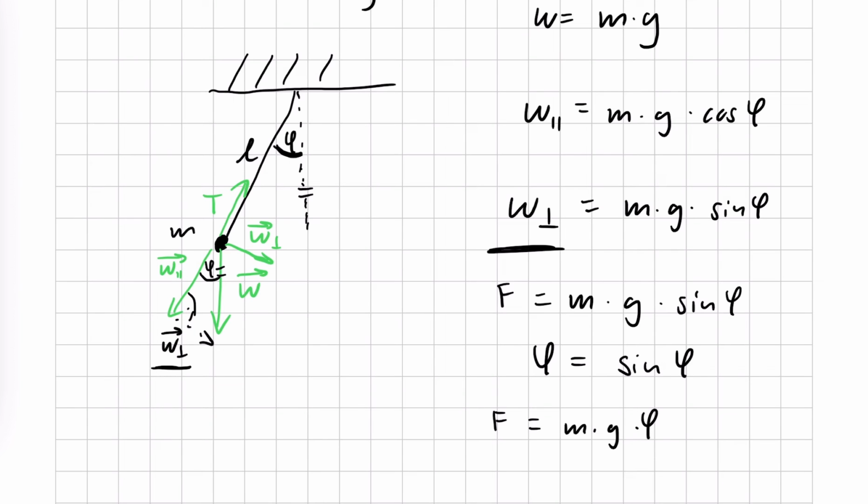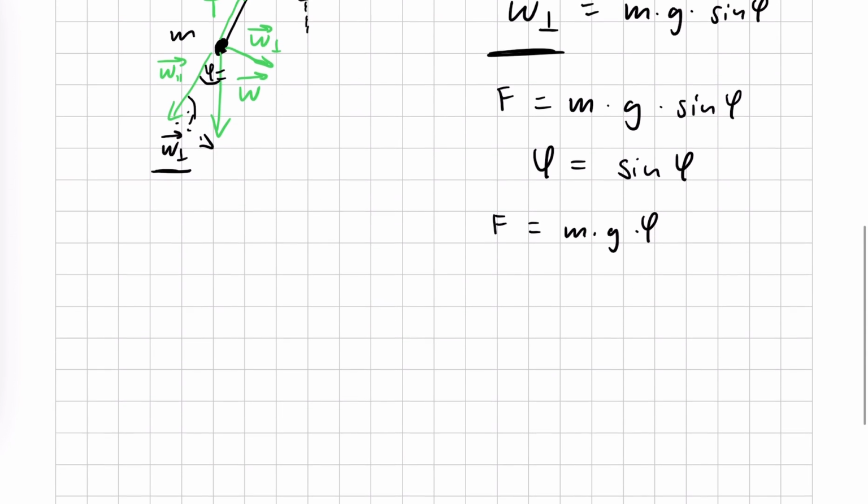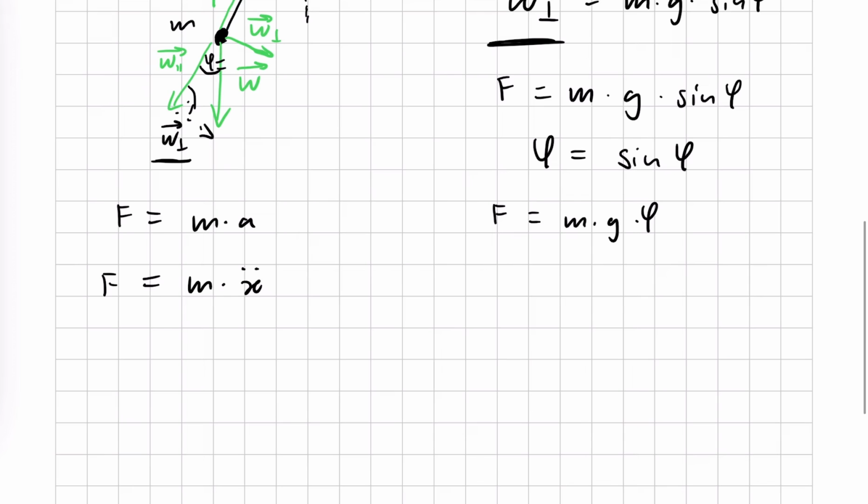Of course, from Newton's second law, force equals mass times acceleration, which is equal to mass times the second derivative of position x. And now we can equate these two expressions for the force, giving us mg phi equals m x double prime.